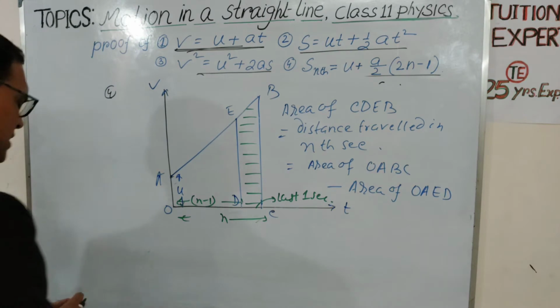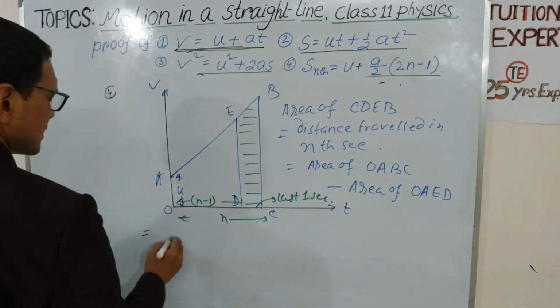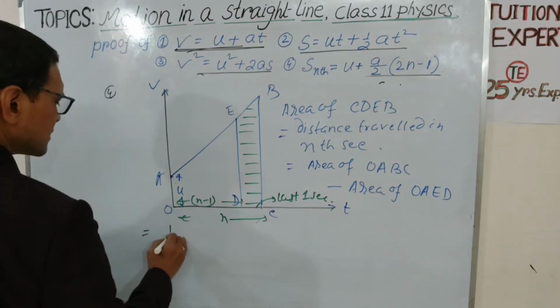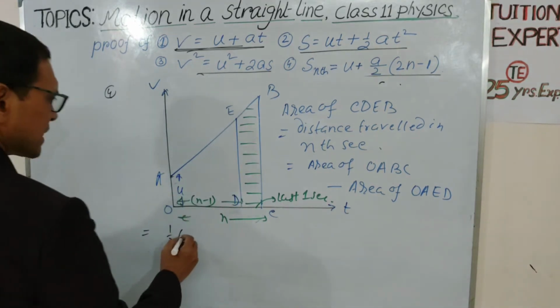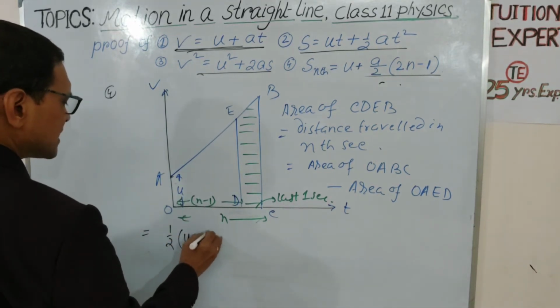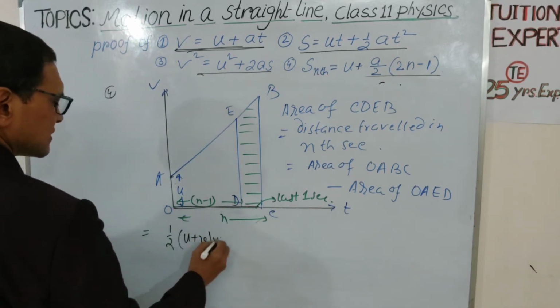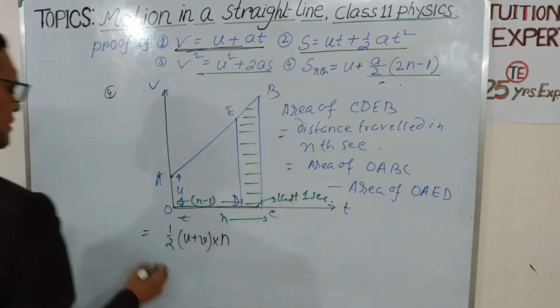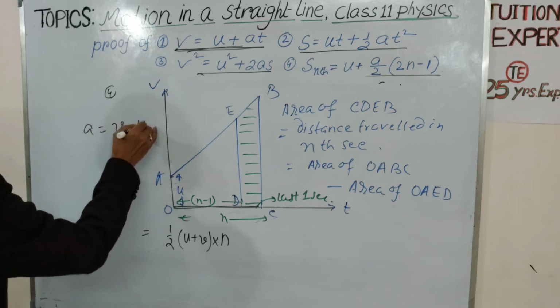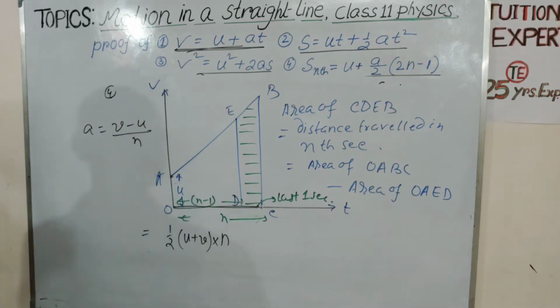So the area of OABC equals, with a similar formula, half the sum of the two parallel sides, u plus v, into n. Here the height is n, and we know acceleration equals v minus u by n. Here we take the time as n.